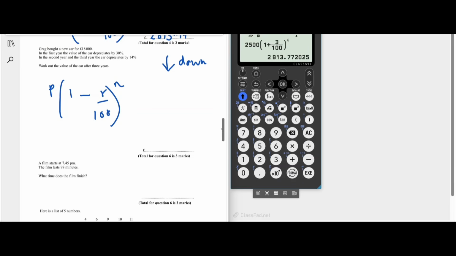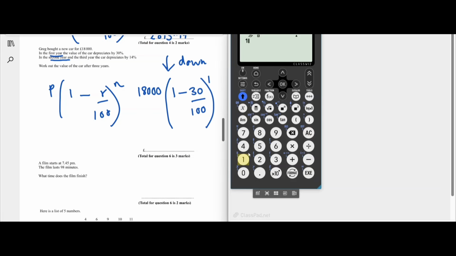So I'm going to have to use it twice because the first year and the second year are different. So I'm going to plug my values in. 18,000 is the principal amount, the money that I'm working with. 1 minus, it's depreciated by 30%, so 30 over 100. Now it's only for 1 year because that's the first year, so I can either put to the power of 1, but I don't actually need that there.